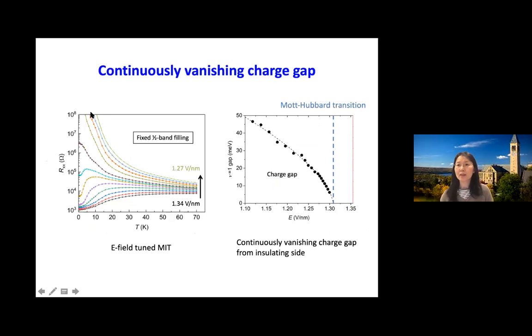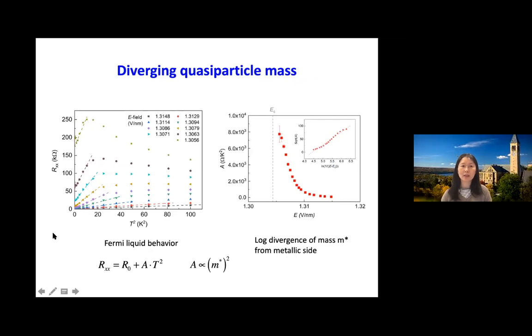We can analyze the data more carefully. For example, looking at the insulating behavior at a higher temperature, you can fit it using an activation law, and that gives you a charge gap. The charge gap decreases, as far as we can tell, to zero at some critical field. On the metallic side, the resistance increases linearly with temperature squared, which is characteristic of a Fermi liquid.